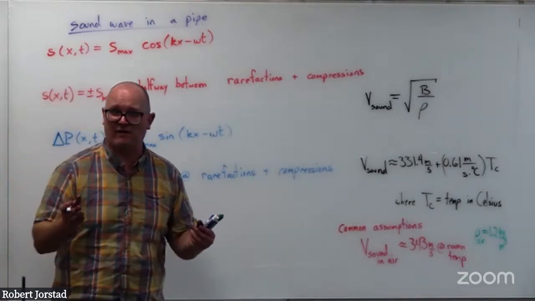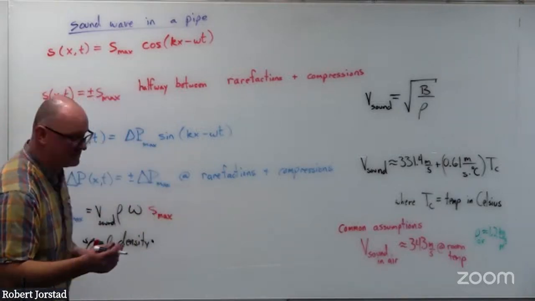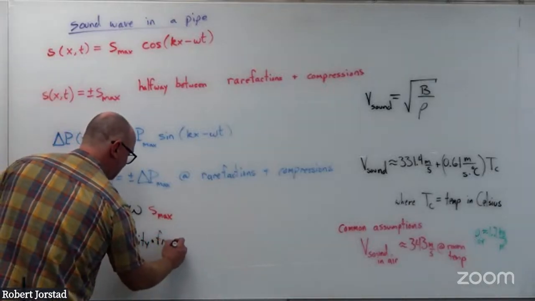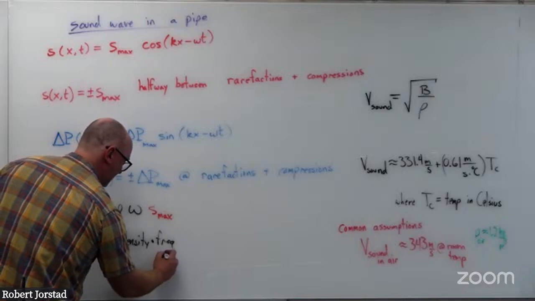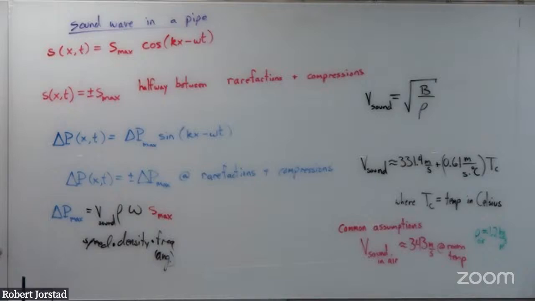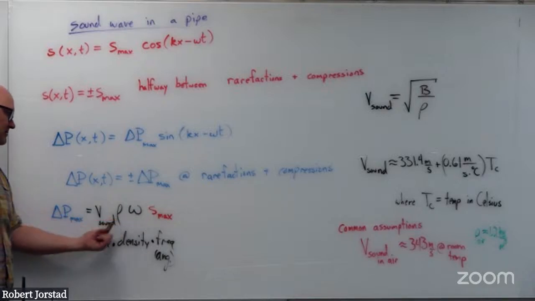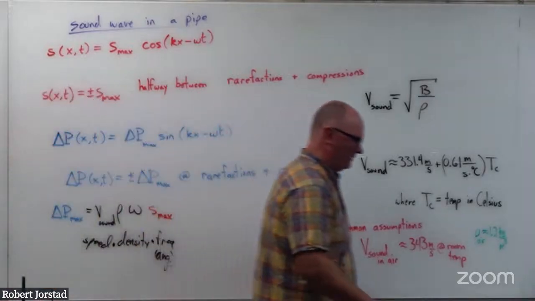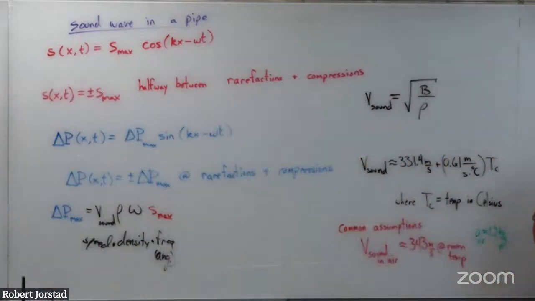Sound waves can travel through fluids and solids. And omega is the angular frequency. So the displacement maximum, and thus the displacement in general, relates to the overpressure through these parameters.